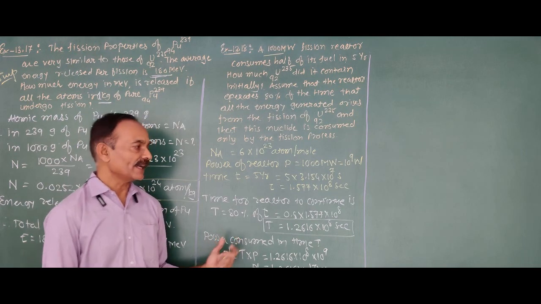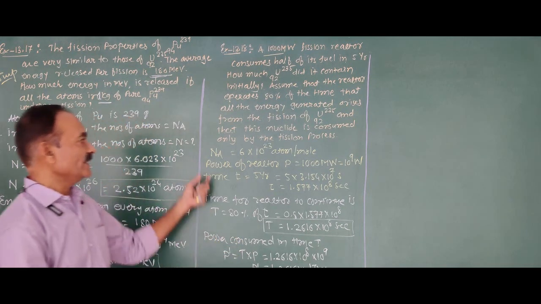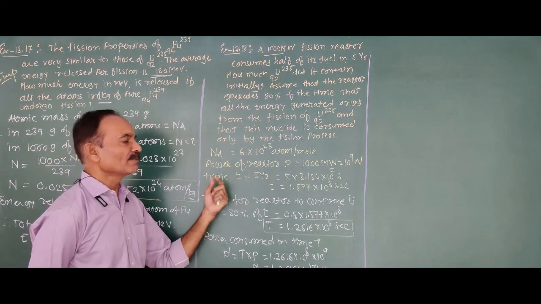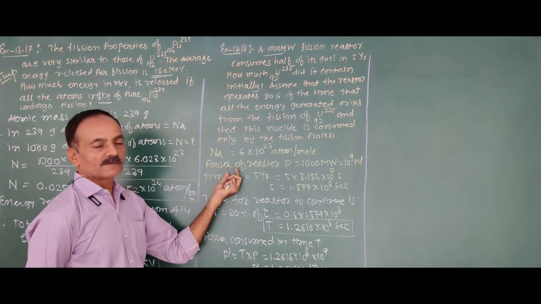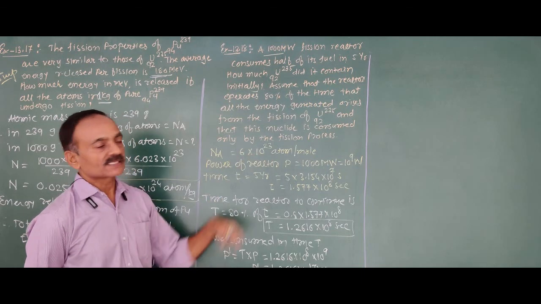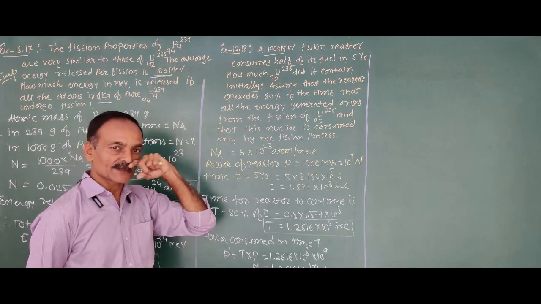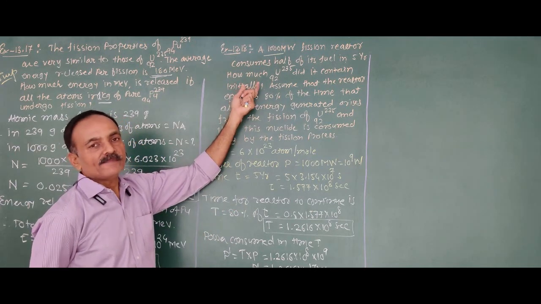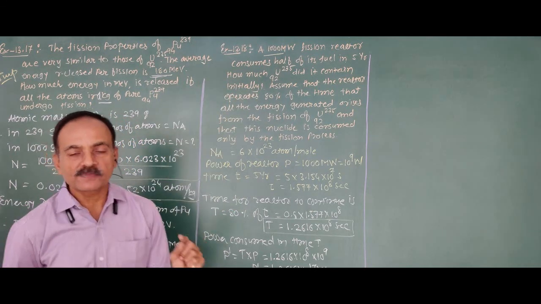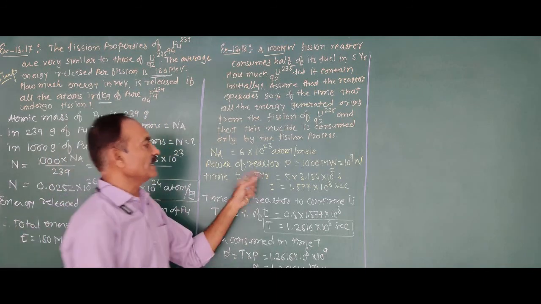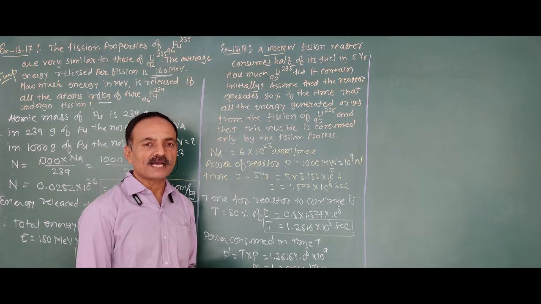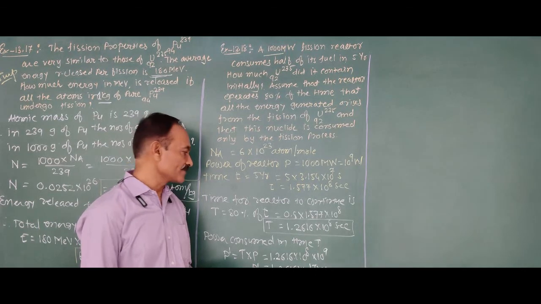Clear? Again, the given data is Avogadro number 6 into 10 to the power 23 atoms per mole. Power of the reactor P is equal to 1000 megawatt, that means 10 to the power 9 watt. Now the time to consume half of the initial fuel is 5 years, so convert this into seconds. We obtain 1.577 into 10 to the power 8 second.